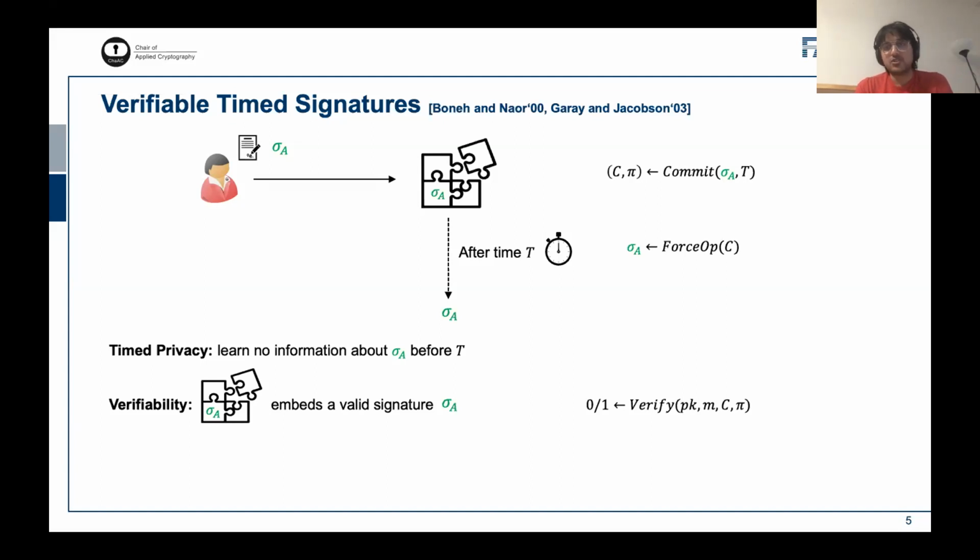This verification should be efficient and independent of time t, and to be non-trivial, it should be much faster than time t. Otherwise you could simply open the puzzle, learn the signature, and verify it. So you really want the verification algorithm to be extremely fast compared to the force open.